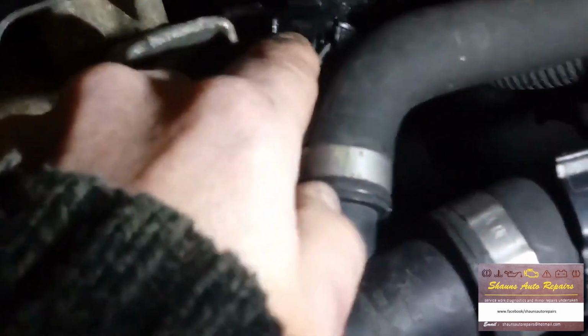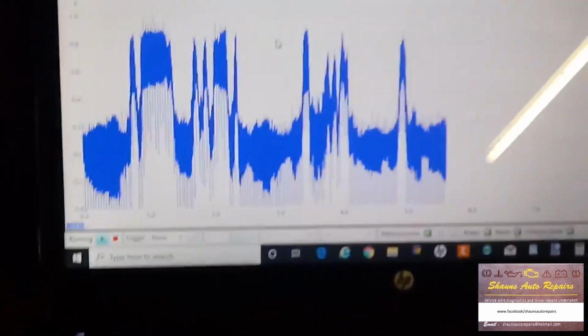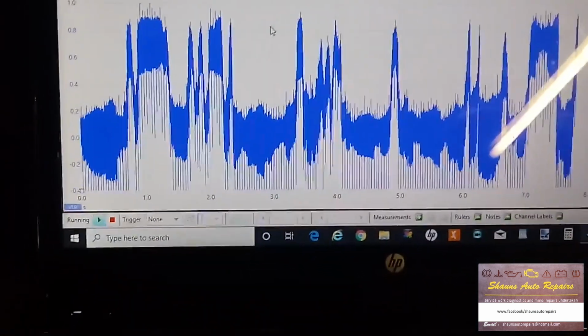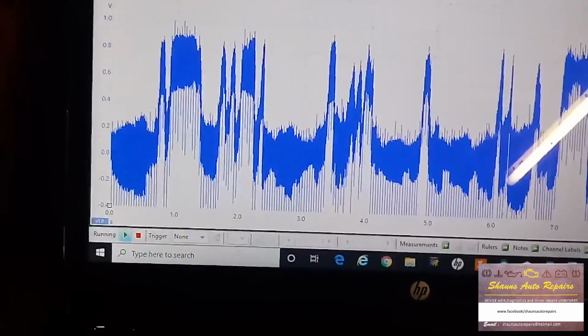Bear with me a second. Right, that's now in the signal wire on the end, but our pattern is... slow that down a bit.